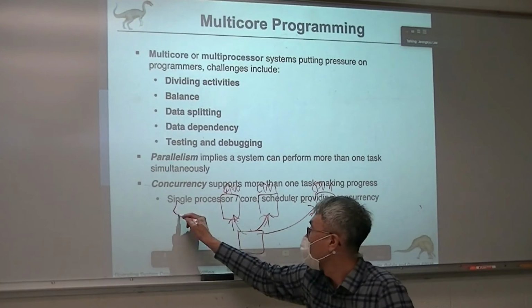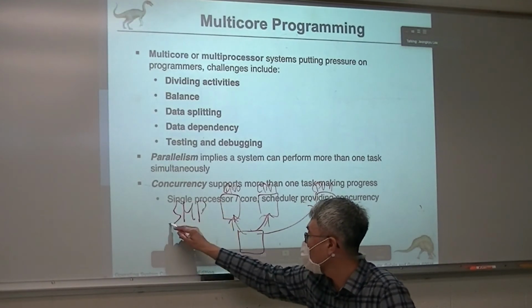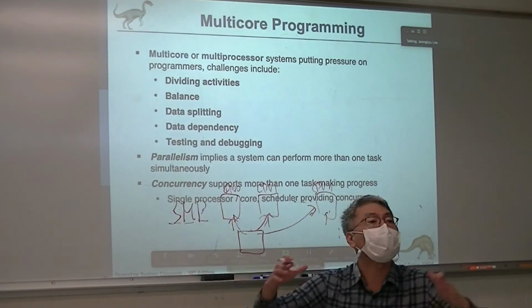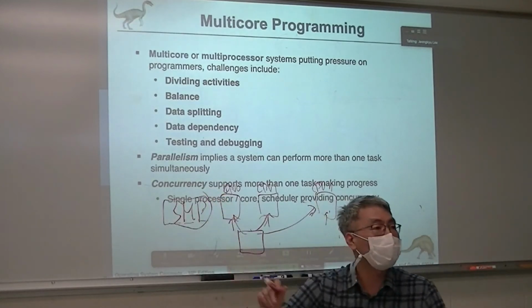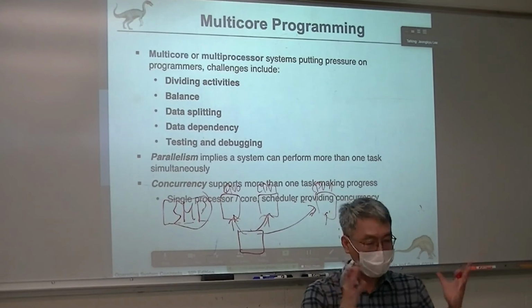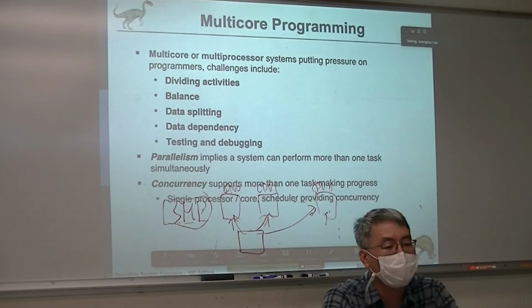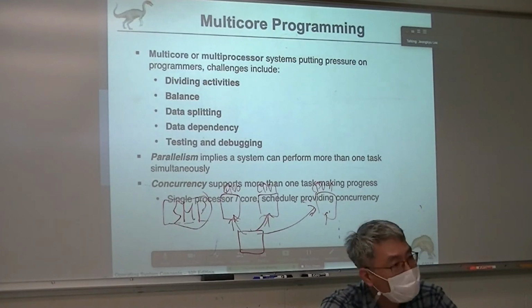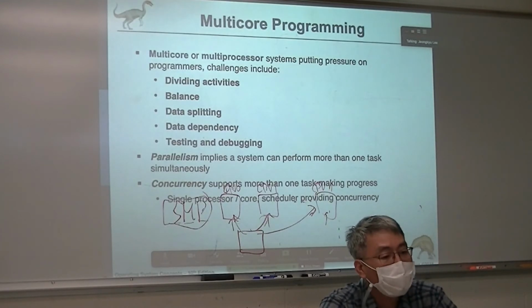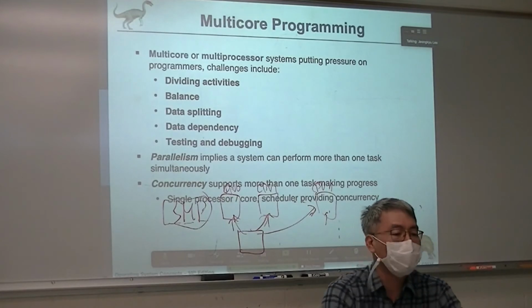That is SMP architecture, symmetric multiprocessor. Even though you have multiple processors, logically they are considered as one CPU. Then the operating system supports things like dividing the activity, balancing the job, data splitting, and dependency.